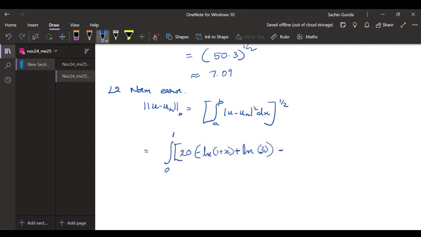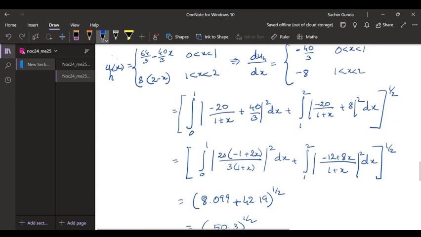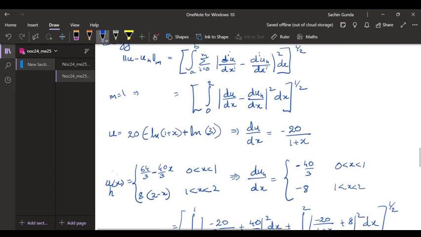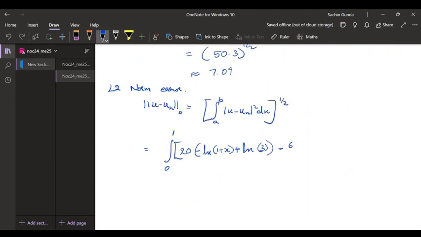Analytical expression minus FEM solution is 64 by 3 plus 40 x by 3.